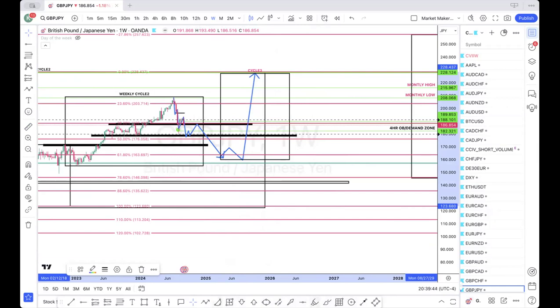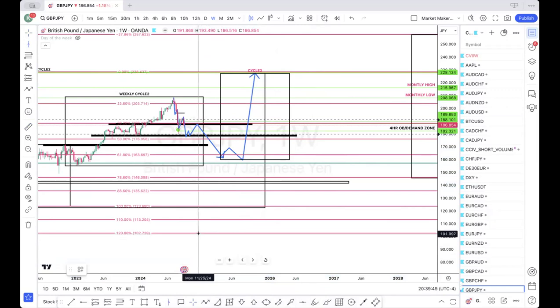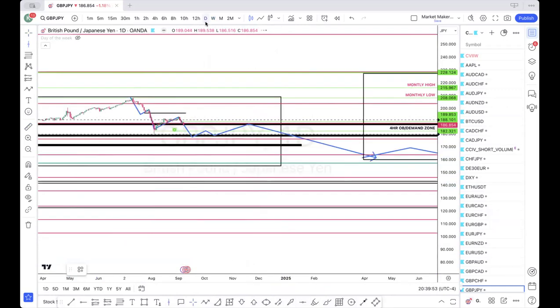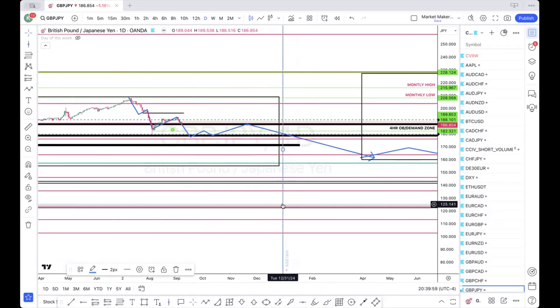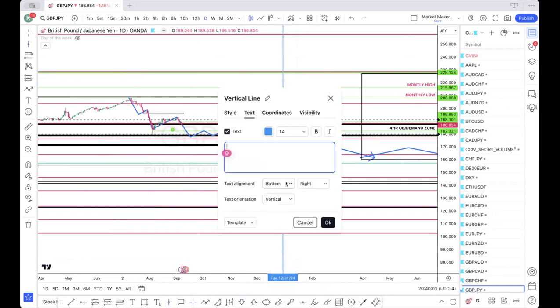Let me go to the daily so I can make this as accurate as possible. 31 December 2024.